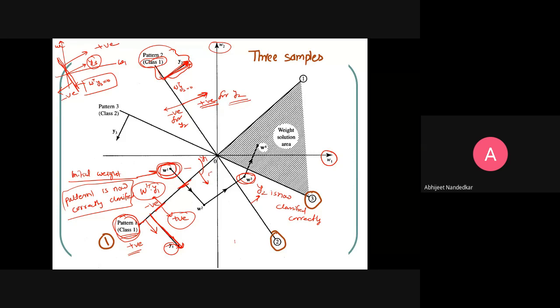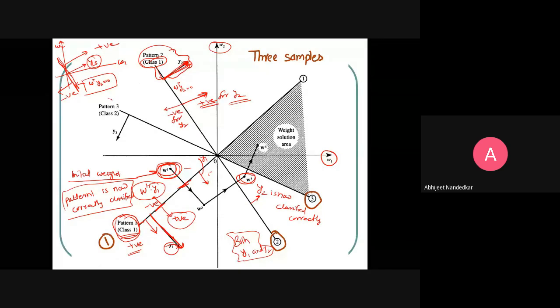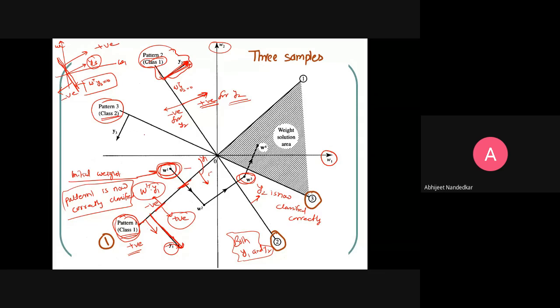So both y1 and y2, they are classified correctly. Okay, now what about third pattern? So when you present third pattern, that is y3. So where is this y3? This is pattern 3, which now belongs to class 2, and this has this direction. Okay.